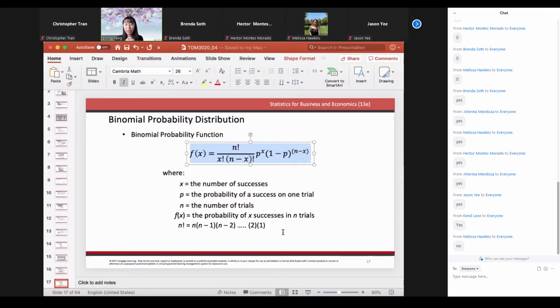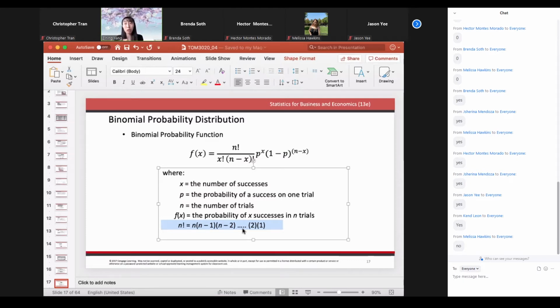If you haven't done this for too long, you might forget what factorial is, but I'm showing you here. The calculation of n factorial equals n times n minus 1 times n minus 2 times n minus 3, all the way until 1.